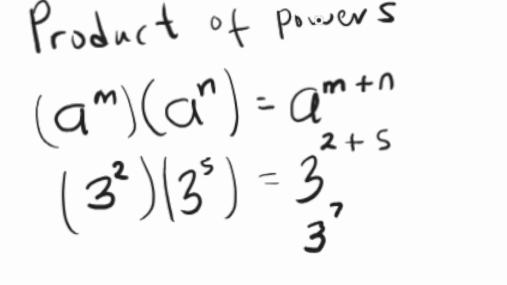Note, ensure that the bases are the same. A and A, 3 and 3. So you only apply this rule, rule 1, the product of powers, when the bases are the same.